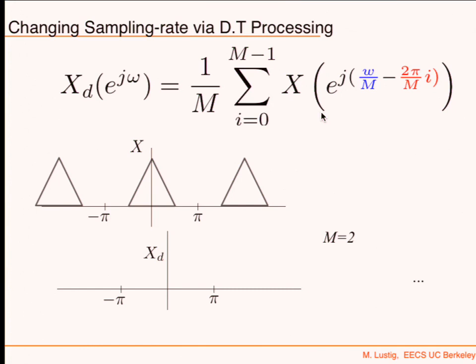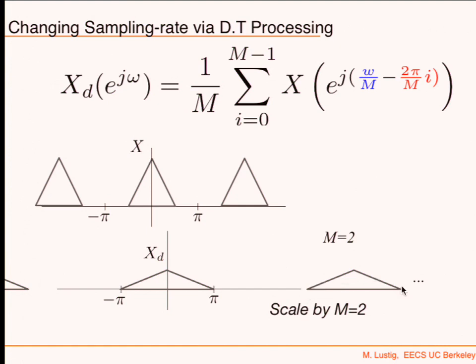I need to scale my spectrum by a factor of 2, and then replicate it twice. If I scale it by a factor of 2, it's going to look like this. It goes from −π to π, and then this is π, this is 3π, 3π to 5π, and so on and so forth.